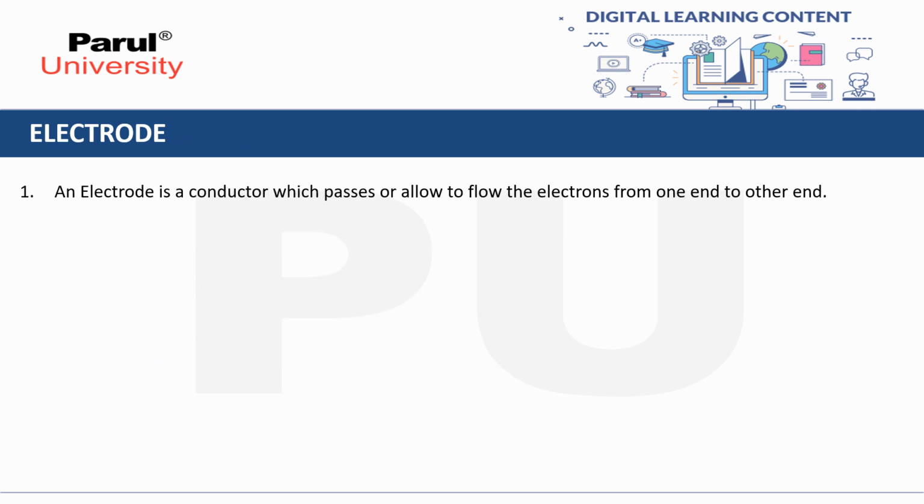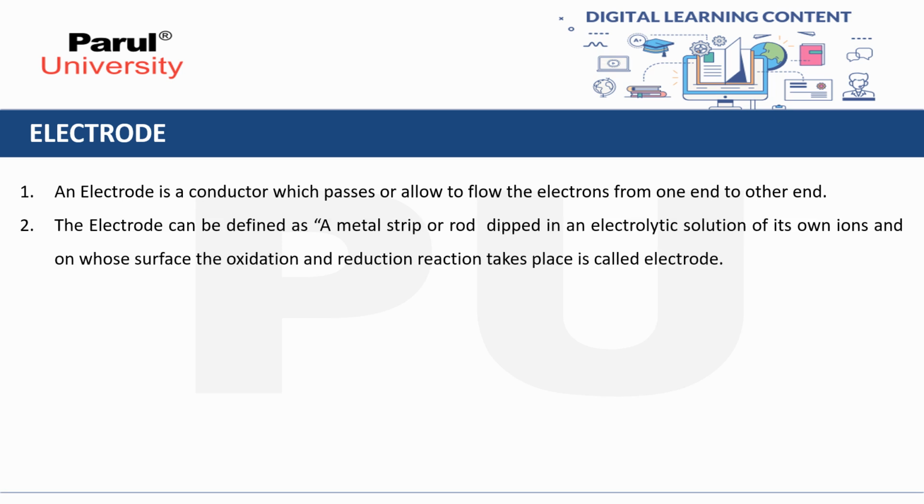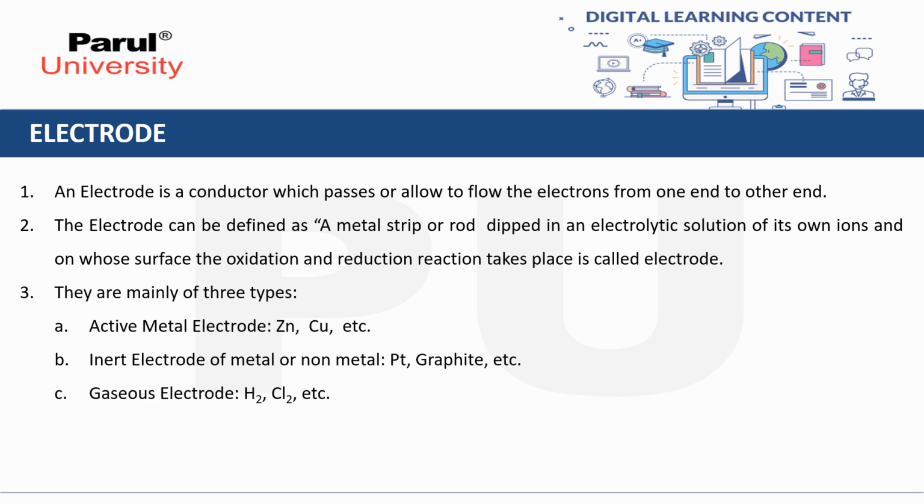Electrode. An electrode is a conductor which allows the electrons to flow from one end to the other end. An electrode can be defined as a metal strip or a rod dipped in electrolytic solution of its own ion, and on whose surface the oxidation and reduction reaction takes place.